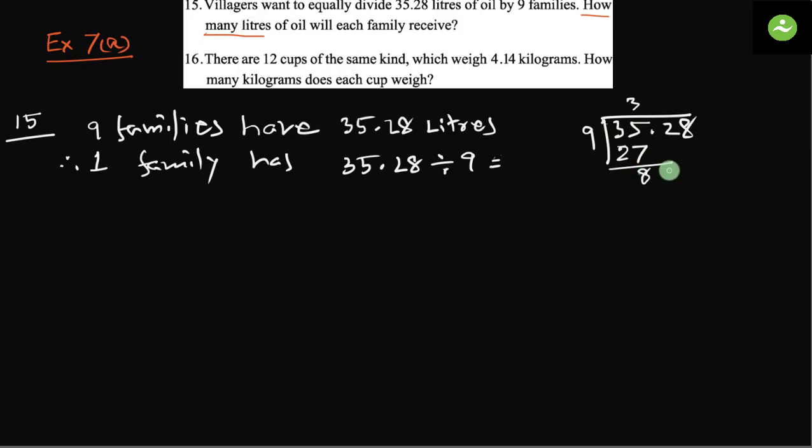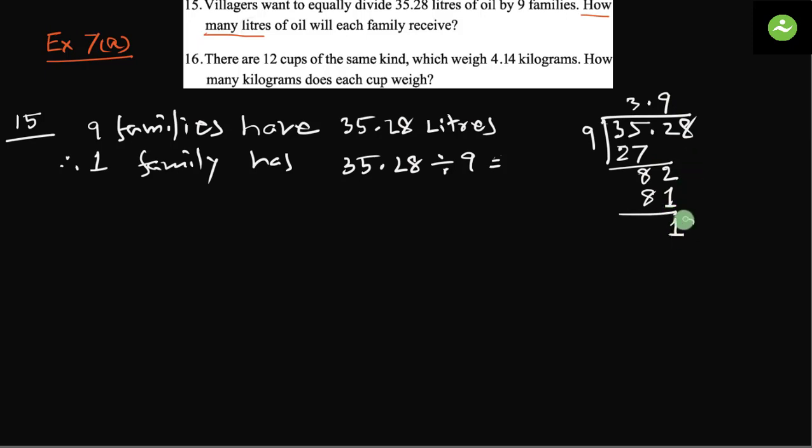This is 2. But there is a decimal point here. So put a decimal point in the quotient and then bring down the 2. So 82. 9 into 9, 81. Remainder is 1.